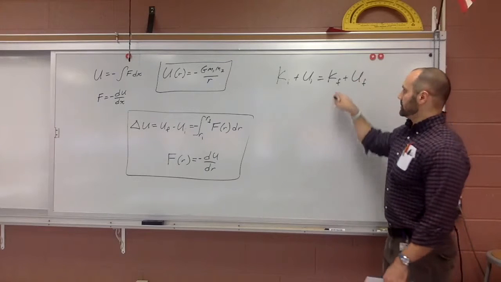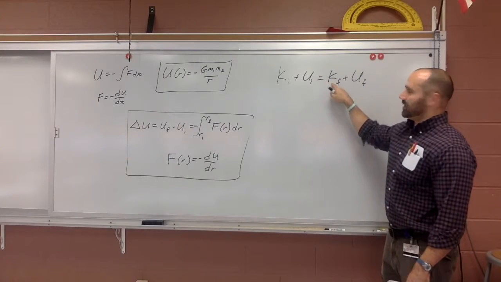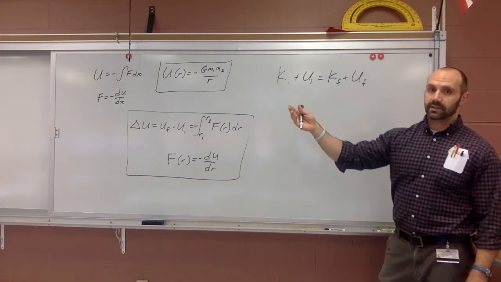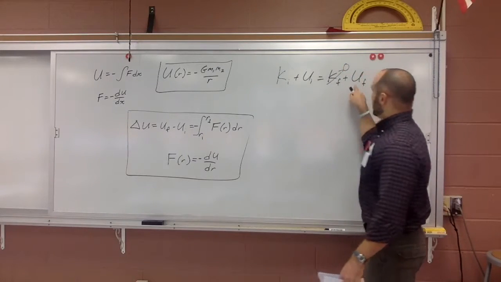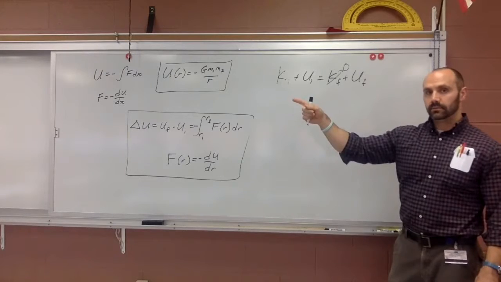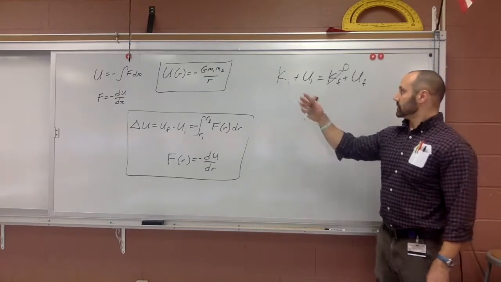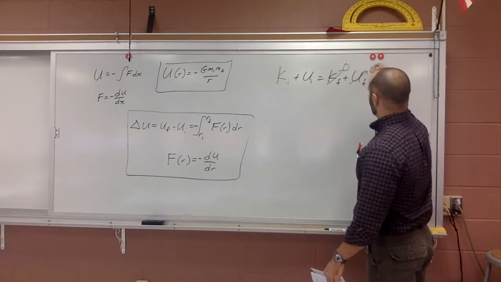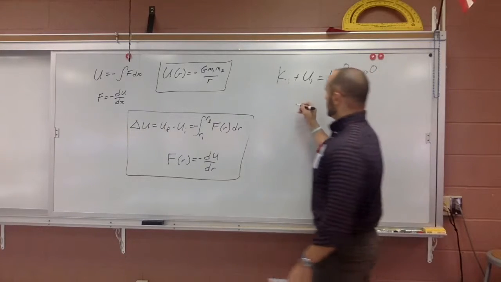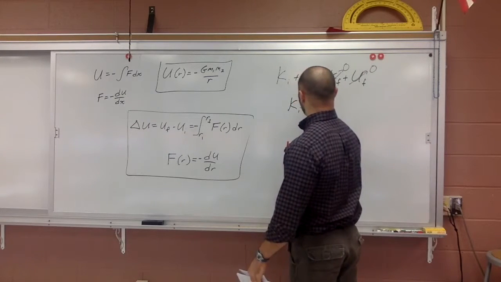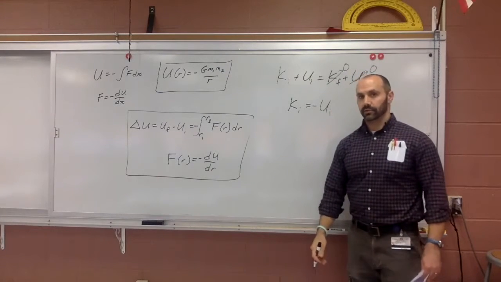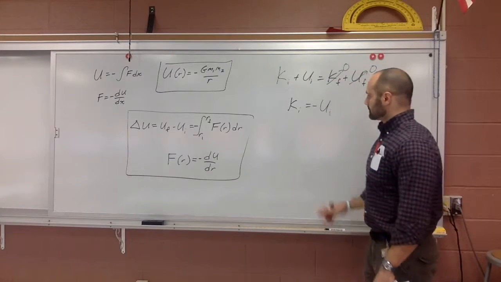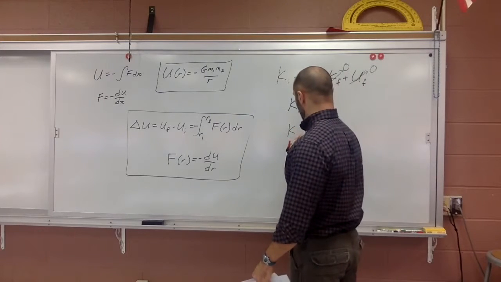And what we're saying here is that at the end, how fast would it have to be going to just make it to the datum? So we're saying this is 0. And at infinity, we have 0 potential energy, so that's 0 as well. So the initial kinetic energy has to be equal to the negative of the initial gravitational potential energy.